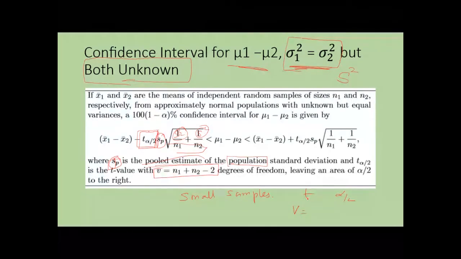So that we can find a T value that leaves the area alpha by 2 to the right side for the degrees of freedom n1 plus n2 minus 2. The formula pattern is the same. You can check the previous one. Z has been replaced by T. Sigma has been replaced by sigma 1 and sigma 2. Both are equal, so we call it Sp square, a pooled estimation of the standard deviation.